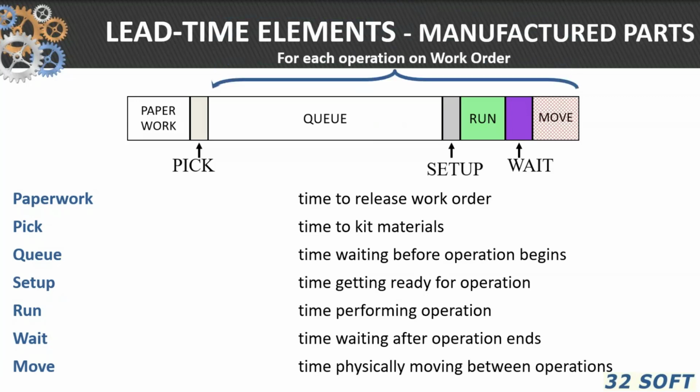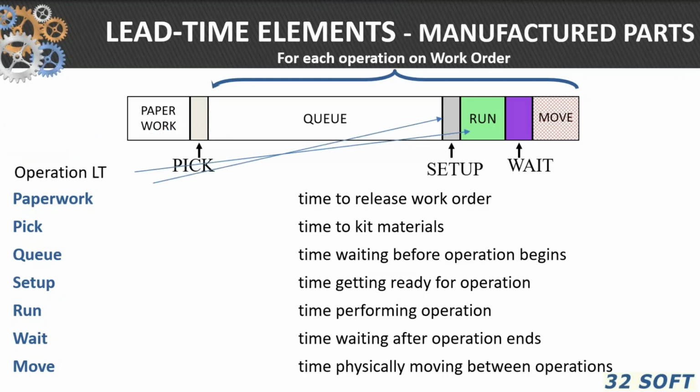These 5 elements, queue, setup, run, wait, and move, are the 5 elements that are going to be used by operation scheduling and the CRP calculation to arrive at your total time through this particular work center.